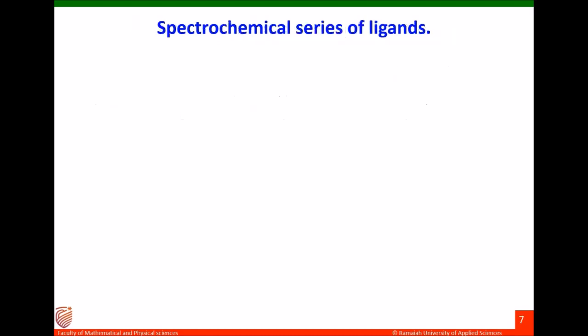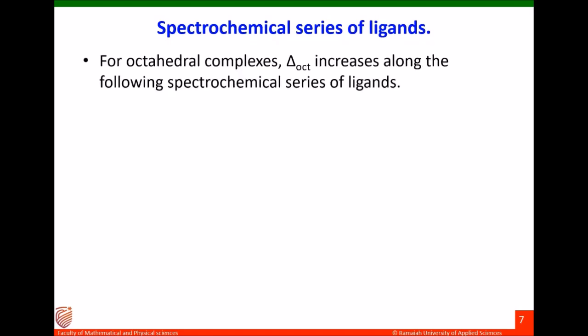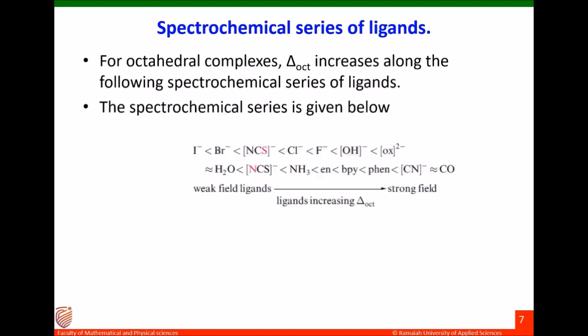For octahedral complexes, delta octahedral increases along the following spectrochemical series of ligands. The spectrochemical series is given here. You can see that in the series, the position of iodide is the least, and the delta octahedral value increases to bromide, to NCS, to chloride, to fluoride, to OH minus, and towards cyanide.